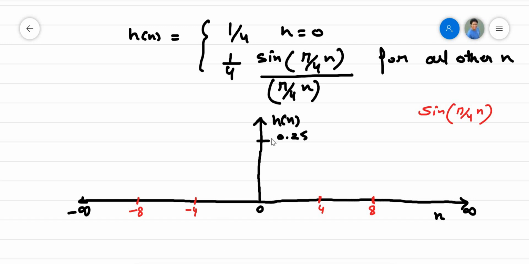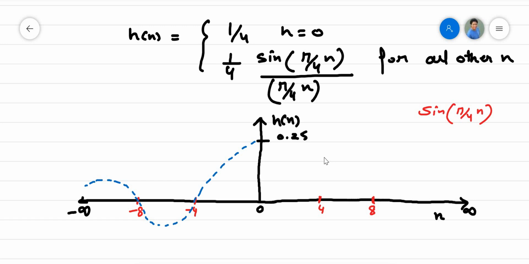So we'll just plot this particular function like this. As one can see, the value of sine pi by 4 n will mostly lie between minus 1 to 1, whereas this pi by 4 n will keep on increasing as the value of n increases. As n increases, this particular signal will damp over time with n.